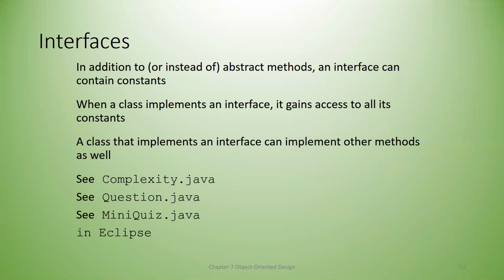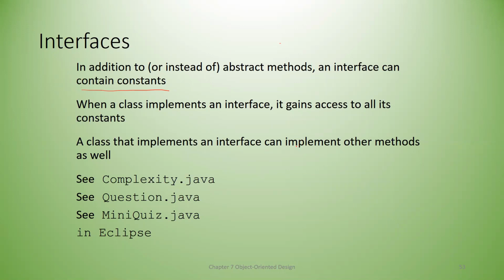In addition to, or instead of, abstract methods, an interface can contain constants. For example, Math.PI. Math is not an interface, so I wouldn't say that's an example here.